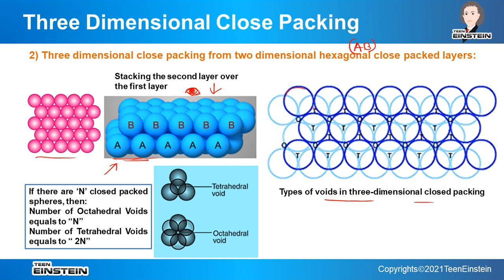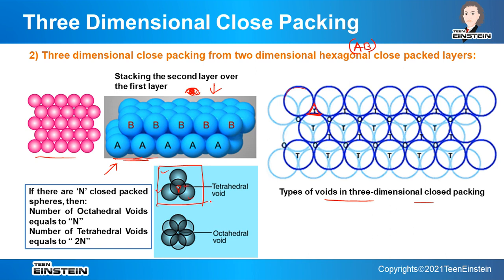One type of void is known as tetrahedral void. Why is it tetrahedral void? If you consider this void, surrounding it there are a total of 4 particles, 1, 2, 3, 4.